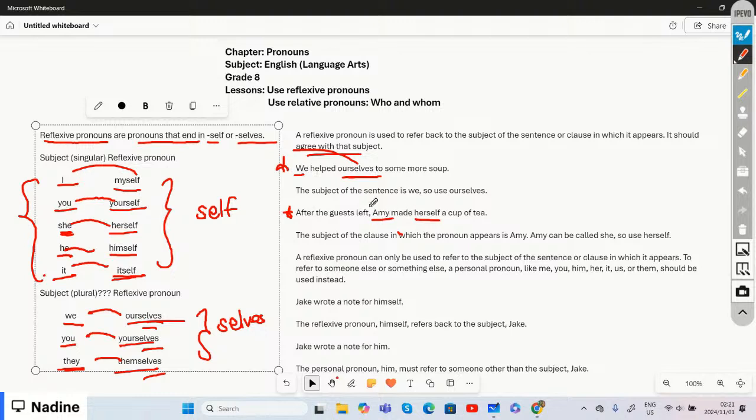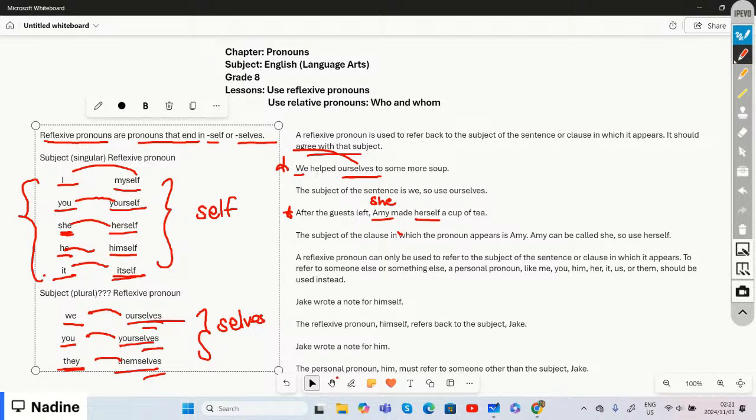But in this case, if you see we have Amy, then all we do is change Amy to a pronoun, right? Which means that we will say after the guests left, she made herself a cup of tea, which means that herself still refers back to the singular subject that links with the reflexive pronoun herself.